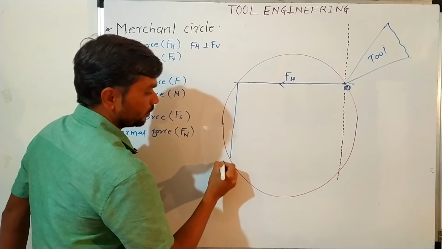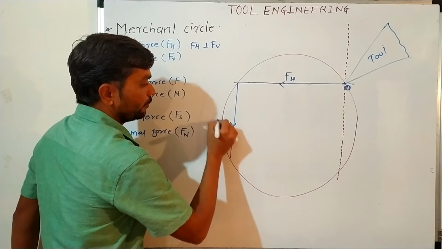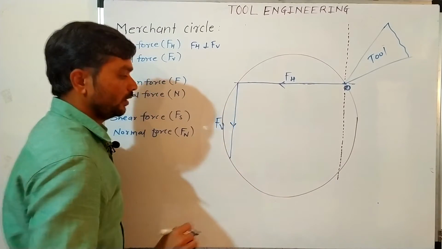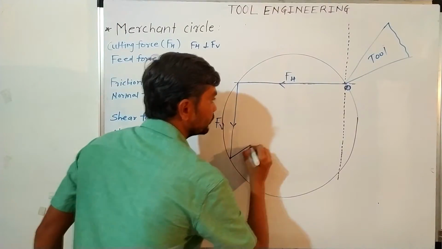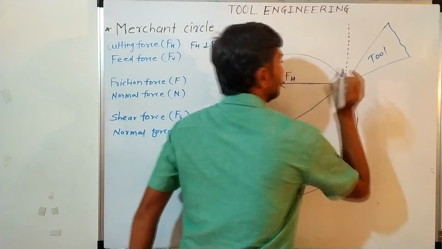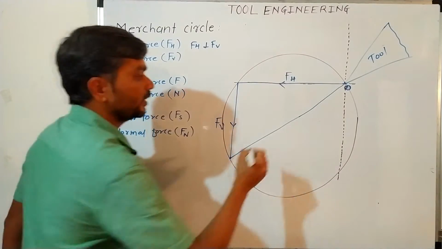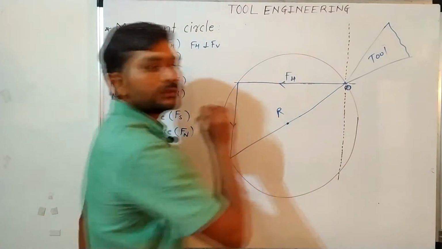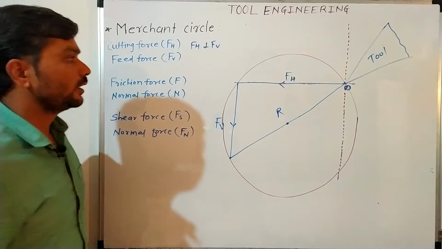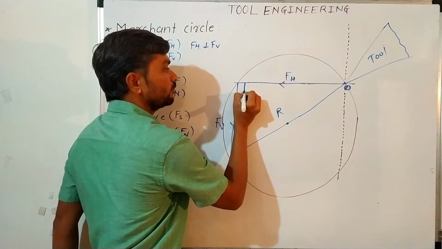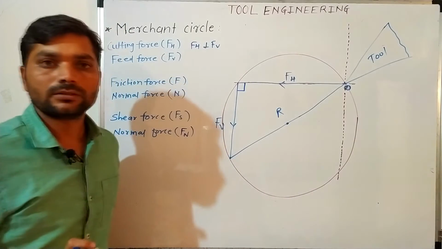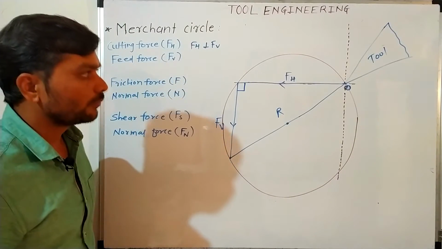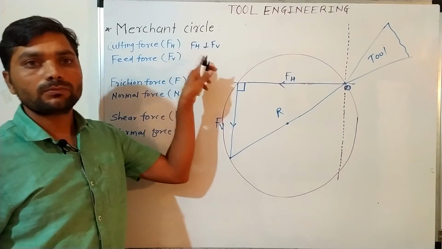This will represent our FV, and by joining these 2 points we get the resultant, and this will represent the diameter of the circle. So this is our first set of force.